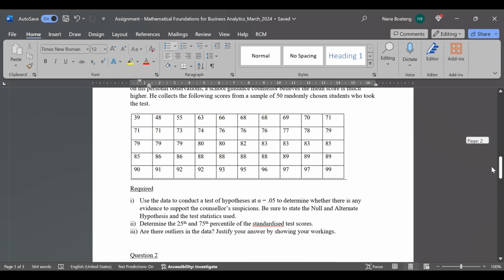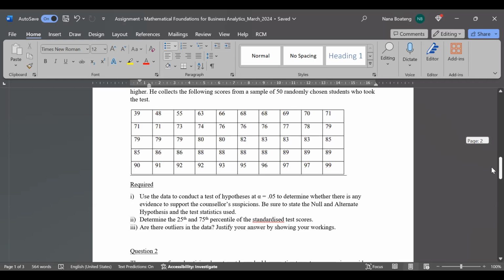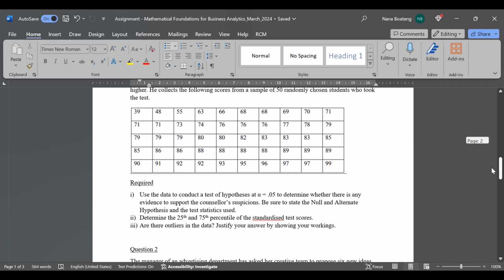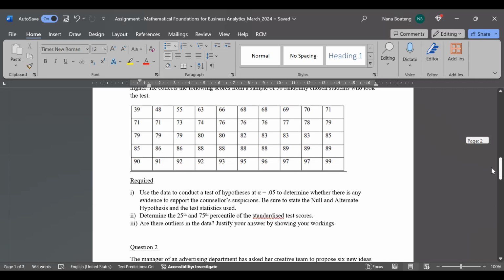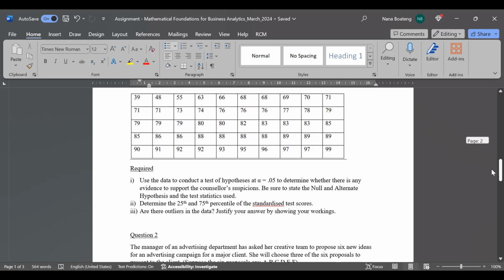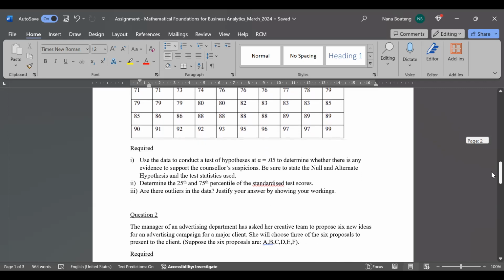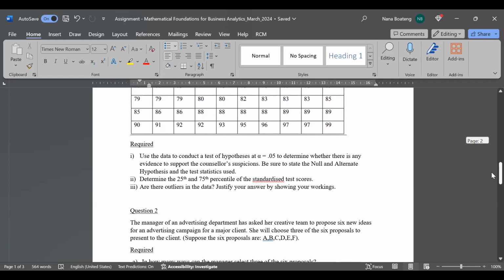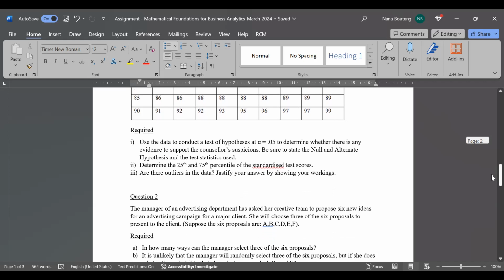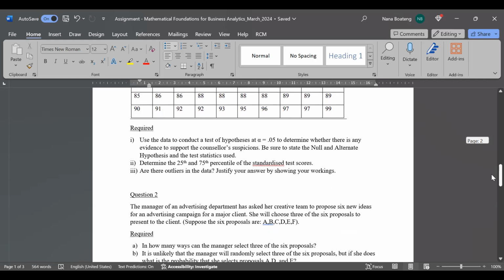So basically, this is about hypothesis testing. Conduct a test of hypothesis at an alpha of 5%. You know the routine. When you are done, determine the 5th and then the 75th percentile, and see if there are any outliers in the data.